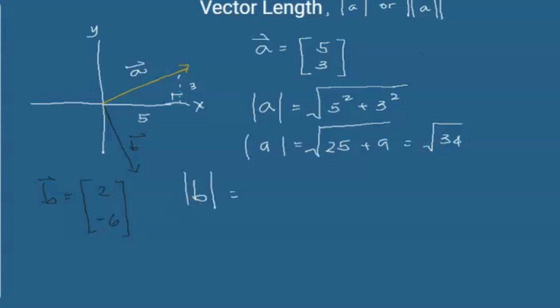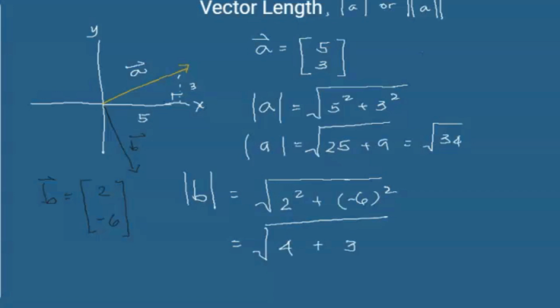Okay, so again, that's the square root of x squared plus y squared. So this is equal to the square root of 4 plus 36.